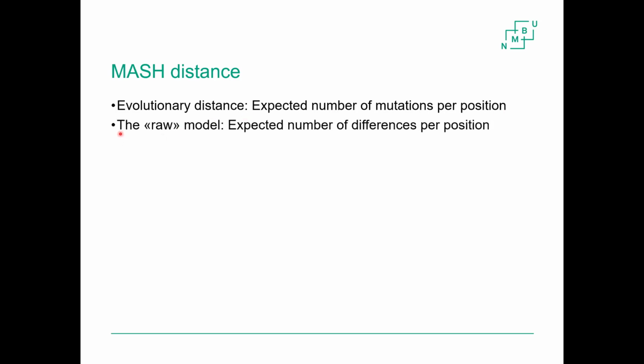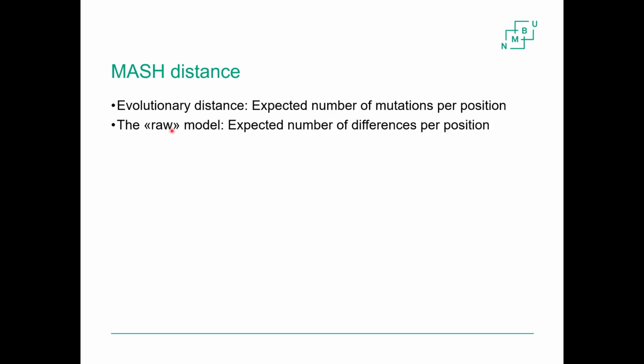We also have an approximate evolutionary distance if we use what is called the Jukes-Cantor model, or the p distance, because this expected number of mutations is impossible to actually observe. This is impossible to observe, but this is sort of what we try to compute, right? What we actually observe is the number of differences.